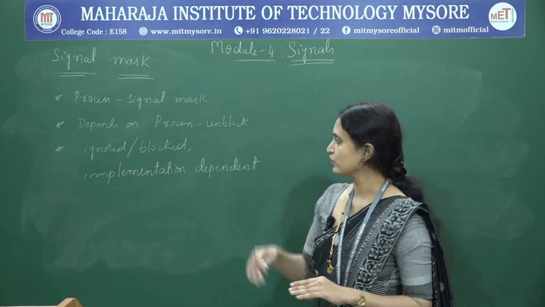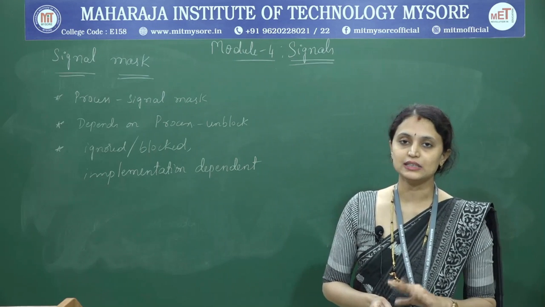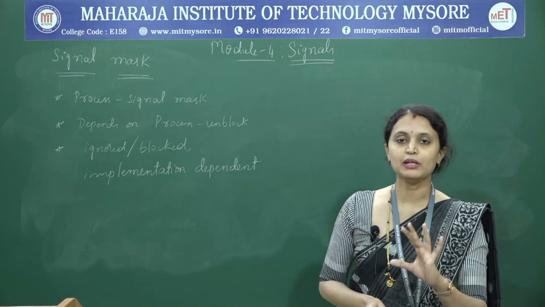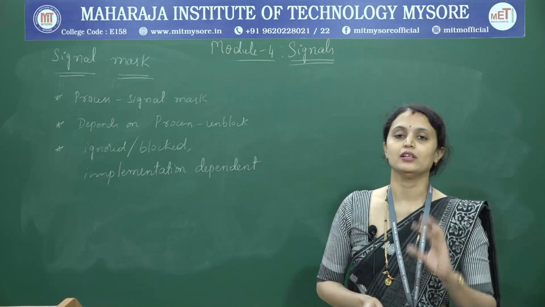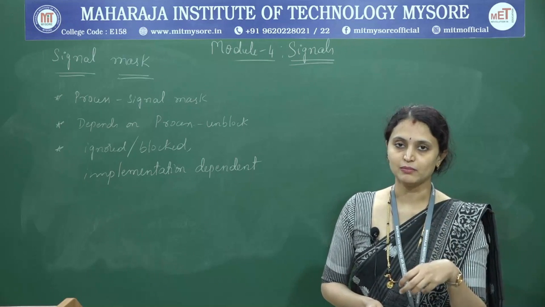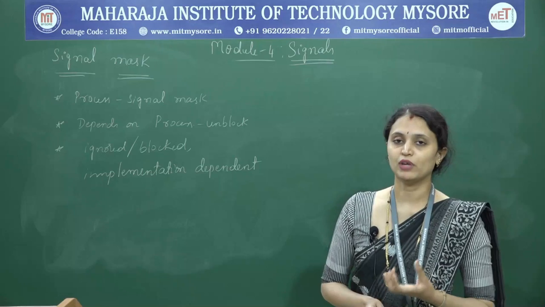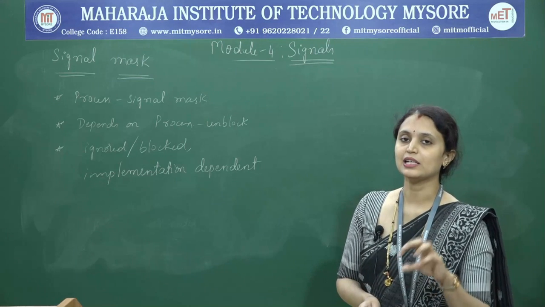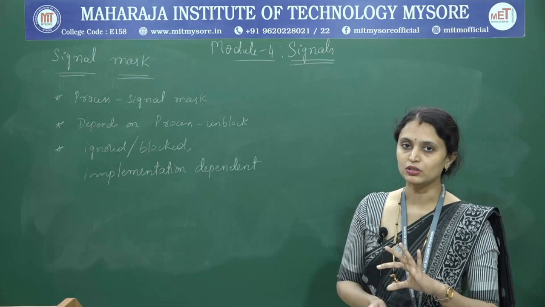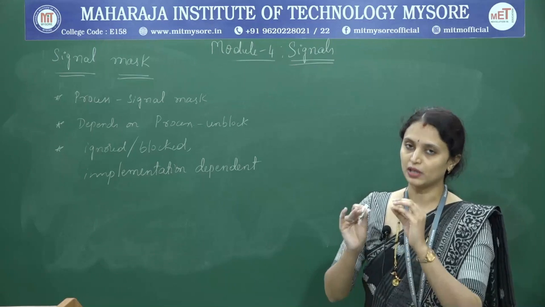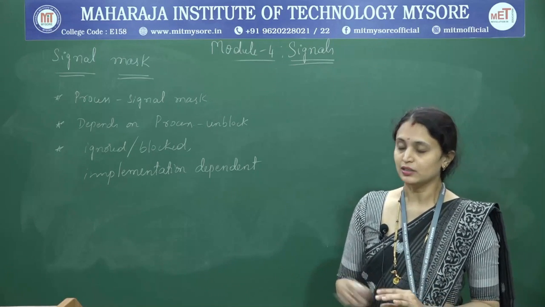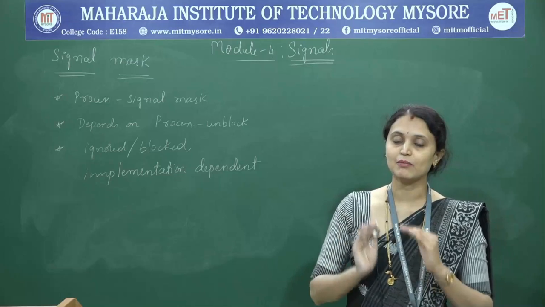Suppose these signals have to be ignored and blocked, in that case it is implementation dependent. The process will decide based on the implementation whether to keep that signal as pending, or discard it, or completely block that signal. So this is the concept of signal mask.